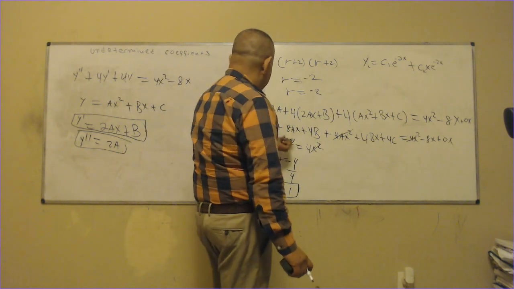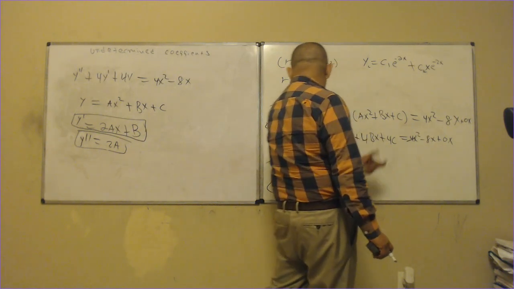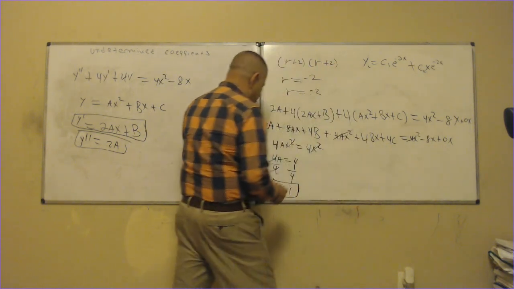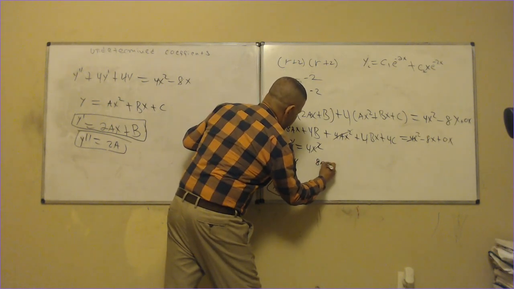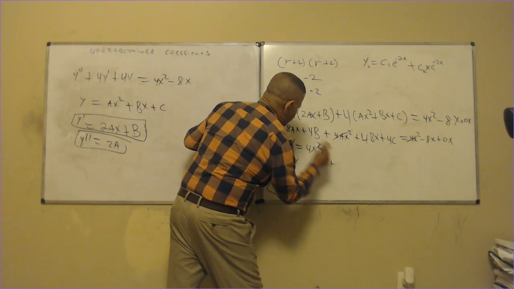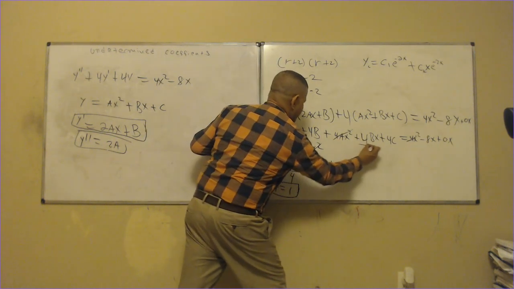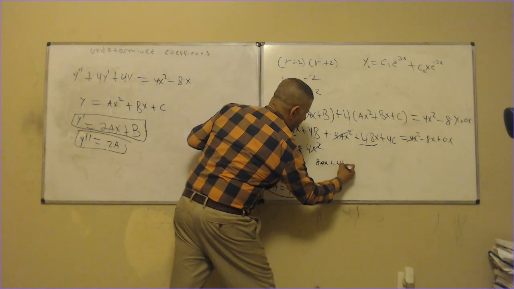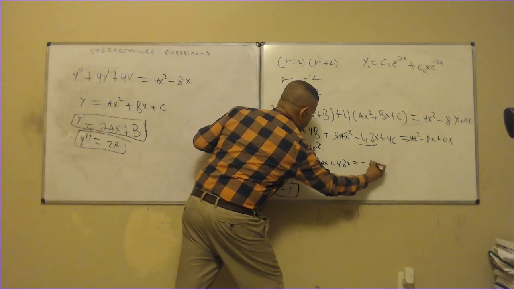So we have this guy and I got this guy. So let's put those together. I got 8ax plus 4bx equal to negative 8ax.